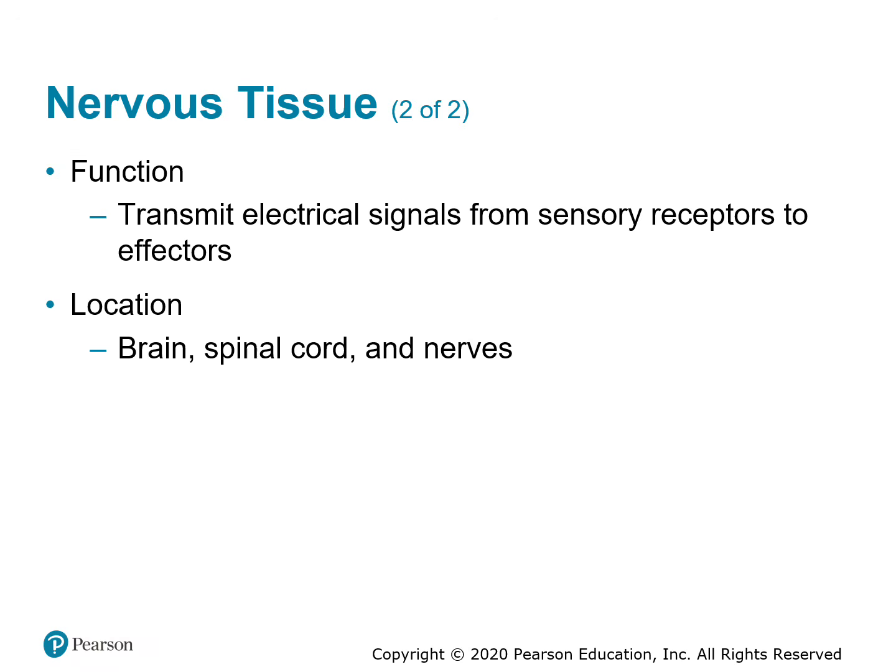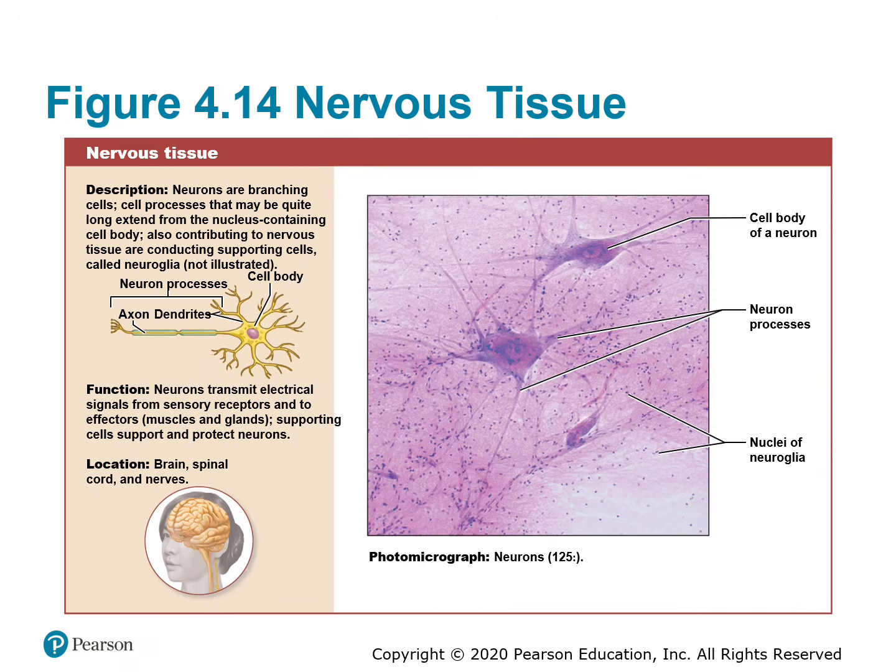There's a whole pathway, sensory reception to integration to effector. But we'll talk about that in Unit 3. And you're only really going to find nervous tissue in the brain, spinal cord, and the nerves. But you will find nerves all over the body, everywhere. Okay? That's what it looks like.